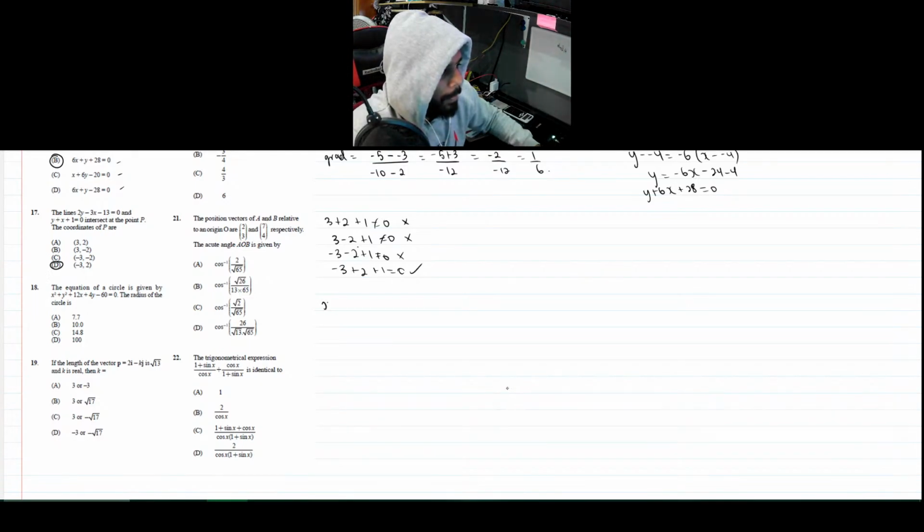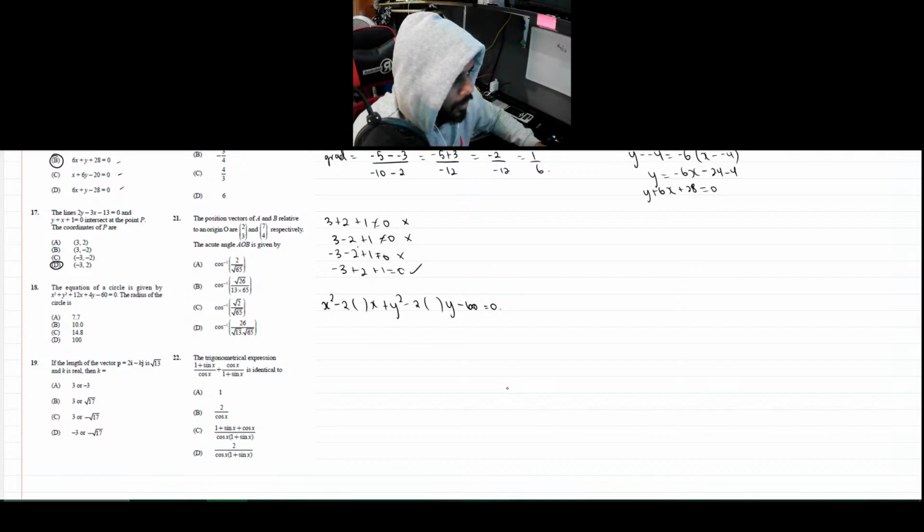So we could leave it as minus 60 equal to 0. In order to get back 12 here, I need to put a minus 6. And in order to get back 4 here, I need to put a minus 2.